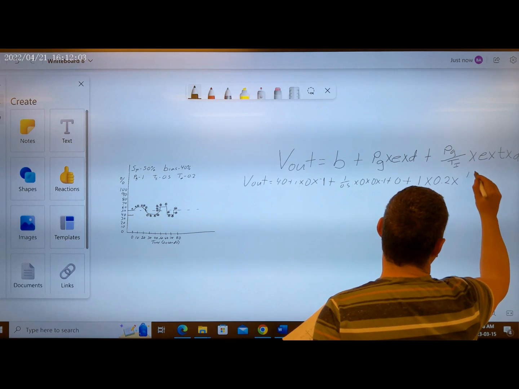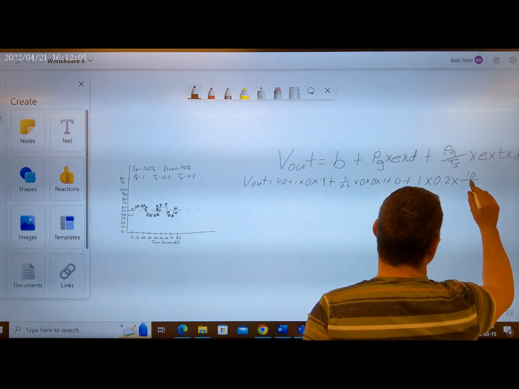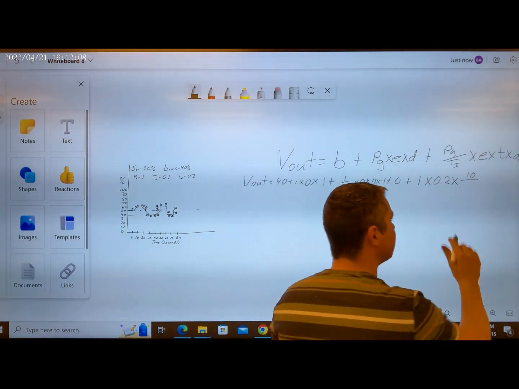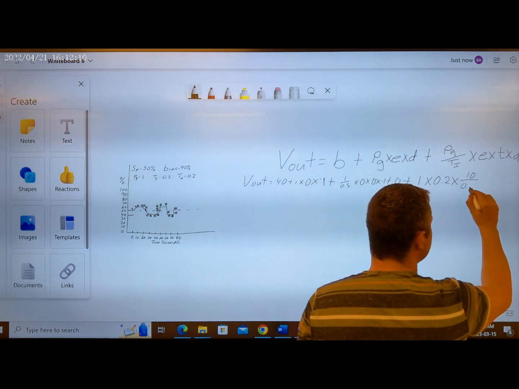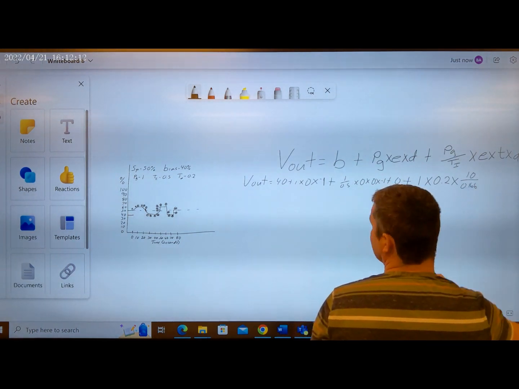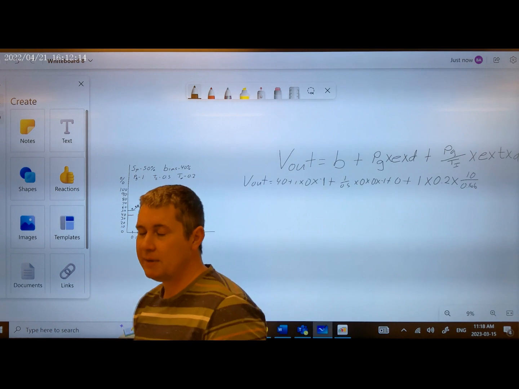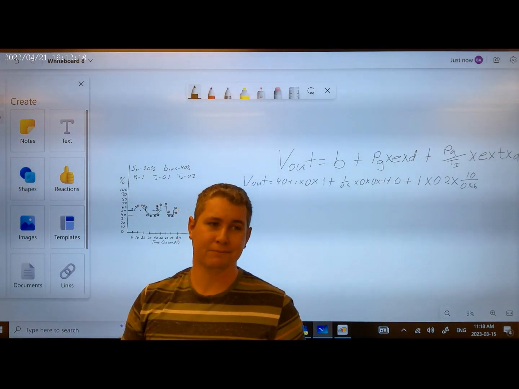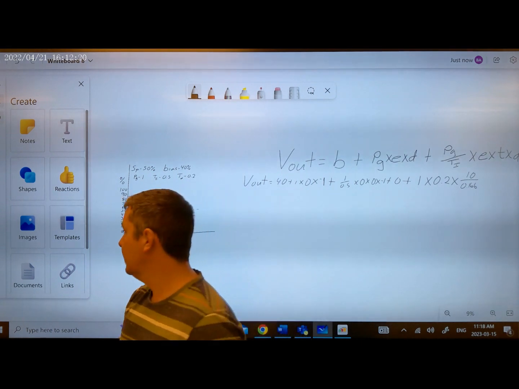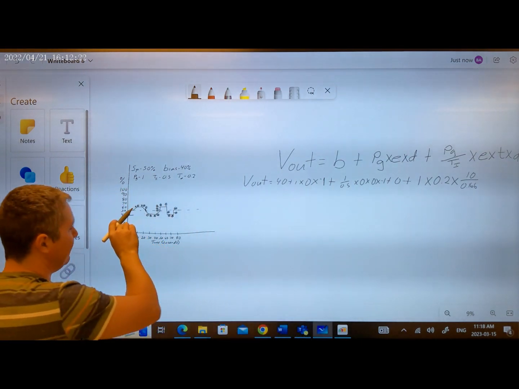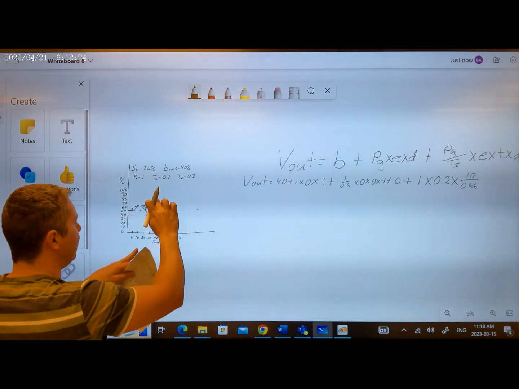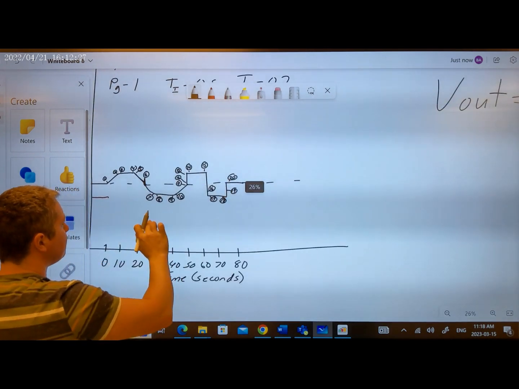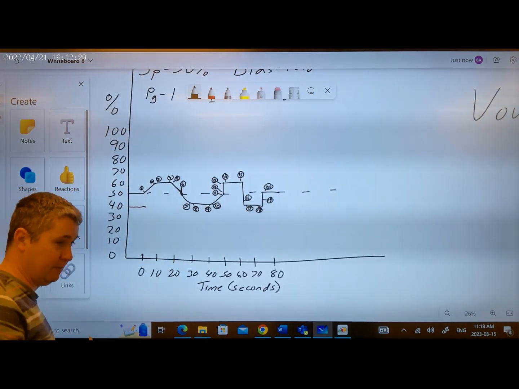So we're going to go 10% over 10 seconds in minutes, which is 0.166. Now, to make the math easy, I did this in a square wave. I did a rectangle.